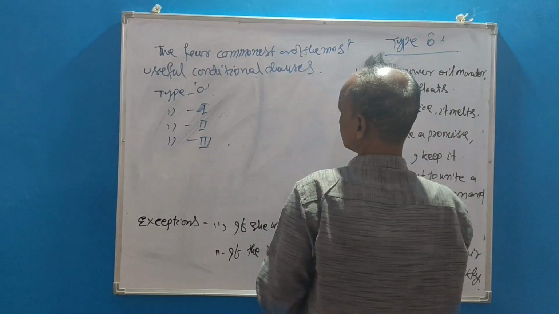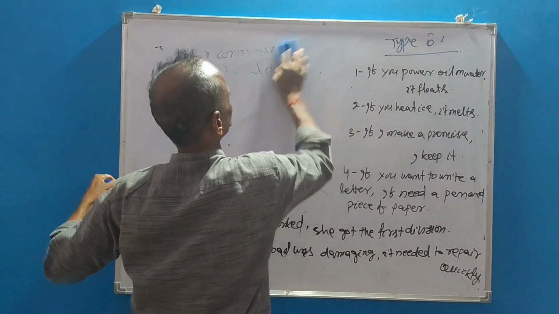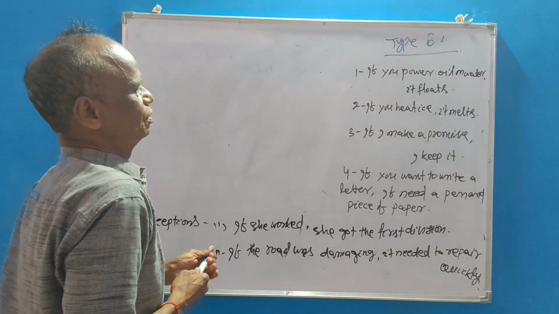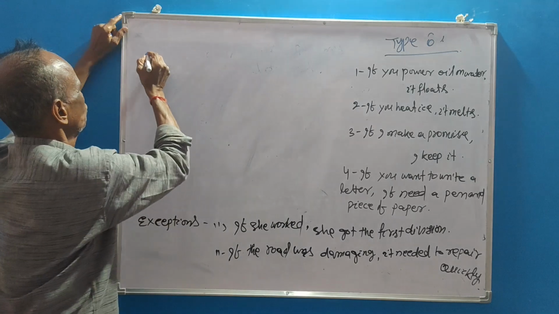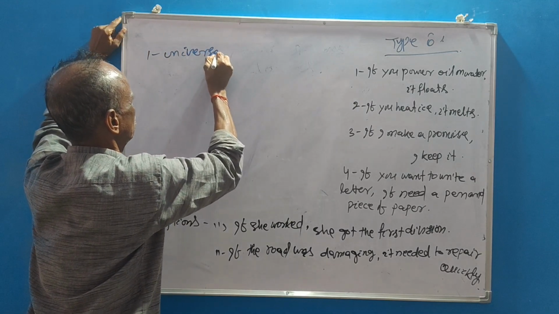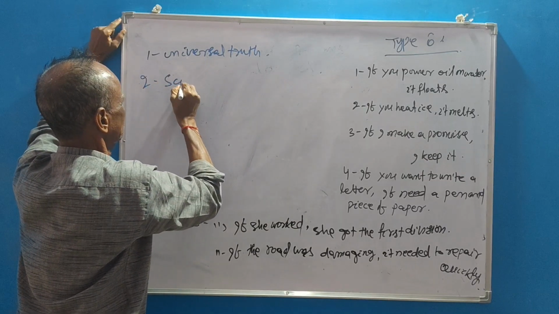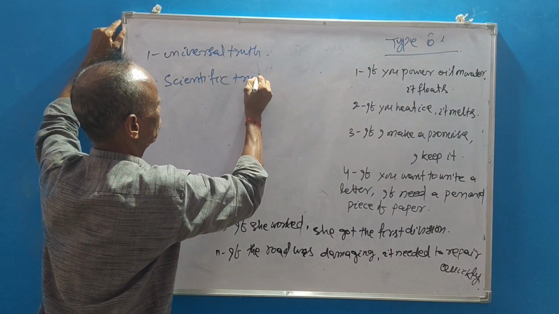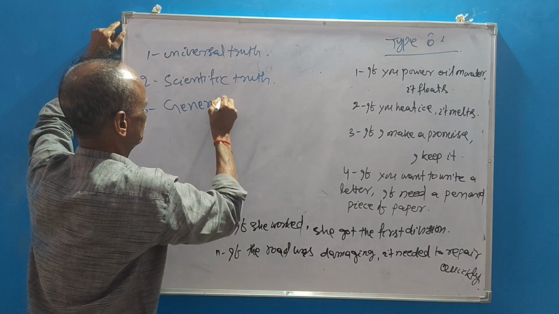First, type 0. Type 0 conditional clause refers three things. One, universal truth. Two, scientific truth. And general validity.